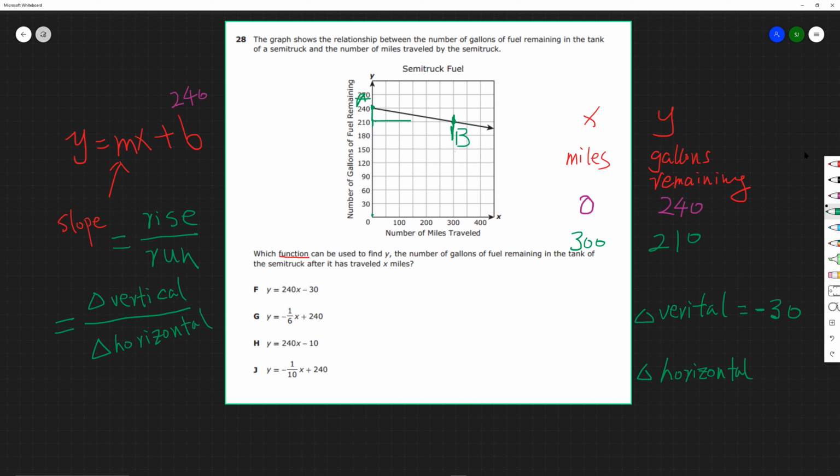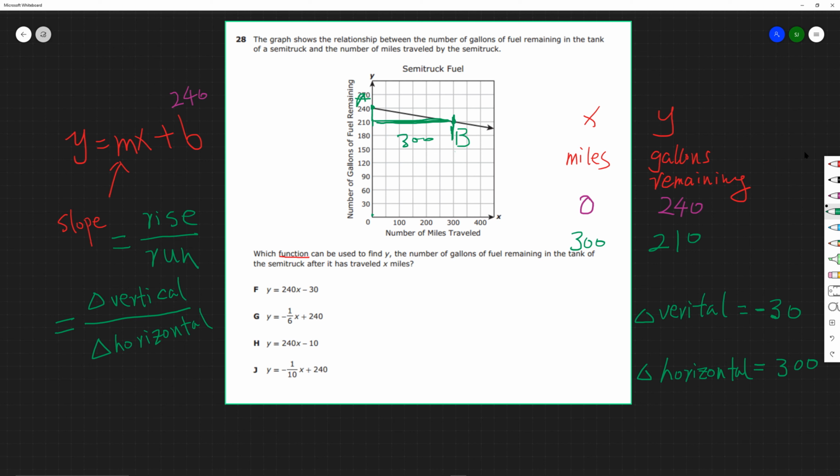So the difference between them is 300. So the horizontal difference is 300. And this time, because the mileage increased from 0 to 300, this is an increase. So the difference is a positive 300. And the meaning is when the truck travels 300 miles, the fuel will decrease by 30 gallons. So that's the meaning of vertical difference and horizontal difference.